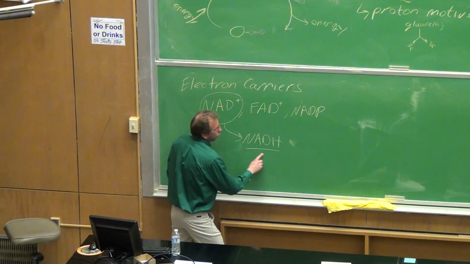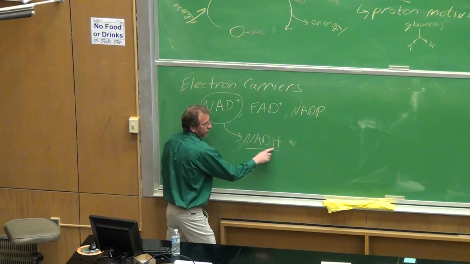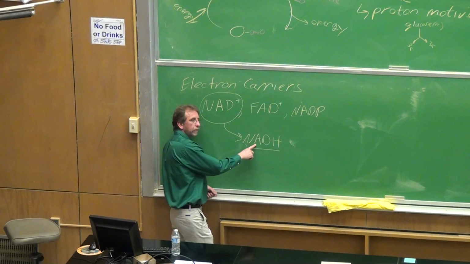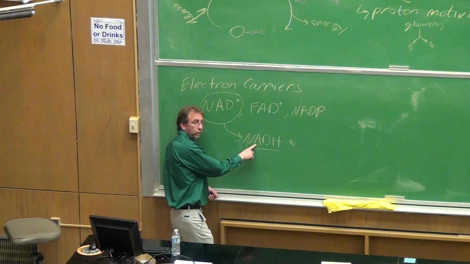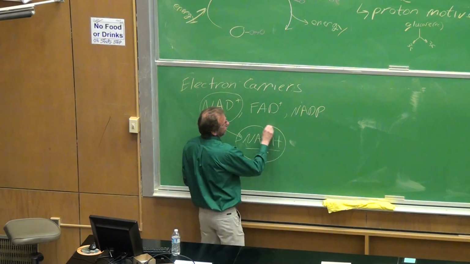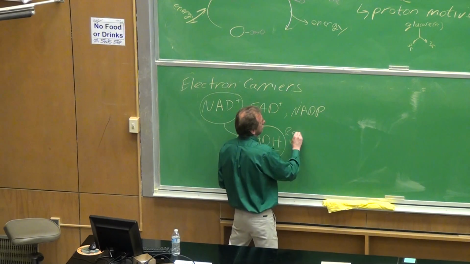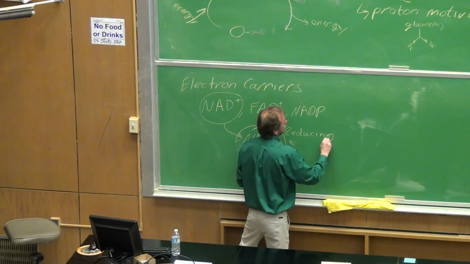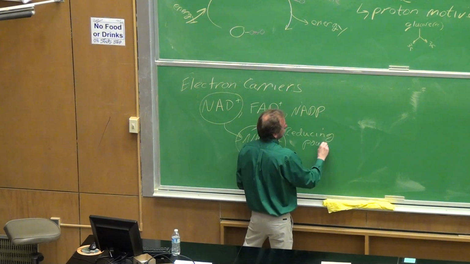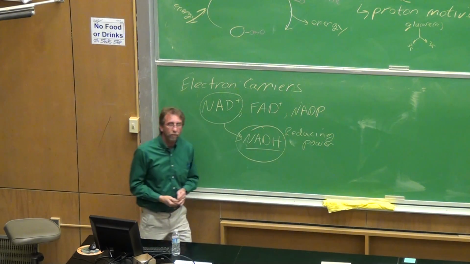But what this tells us, when we have the hydrogen proton there, is that this molecule is now reduced. Okay? And we can say that this molecule has reducing power.